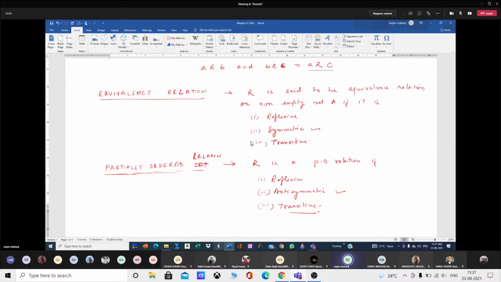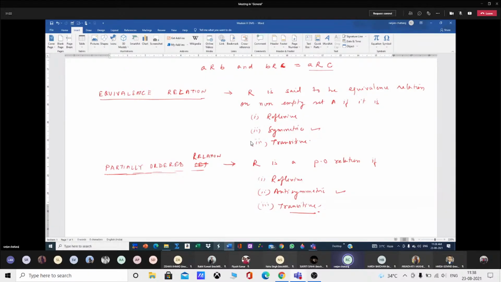That means there are 5 ordered relations: equal to, less than, greater than, less than or equal to, and greater than or equal to. In a particular set, not all the ordered relations are defined.